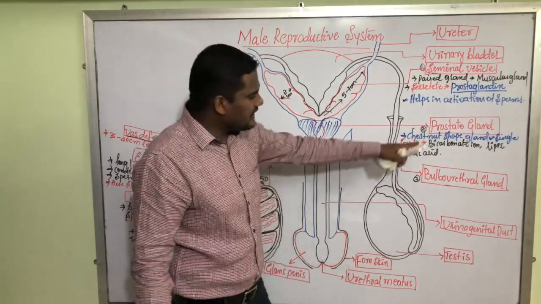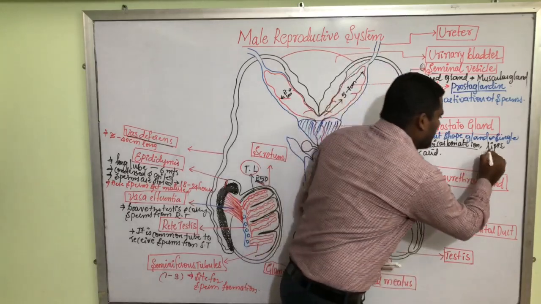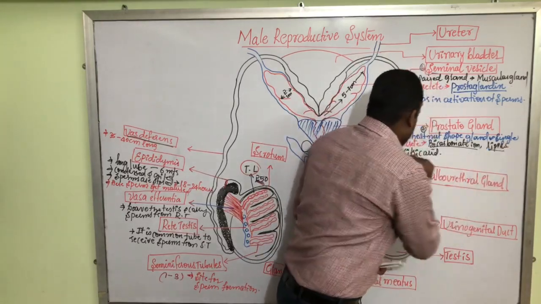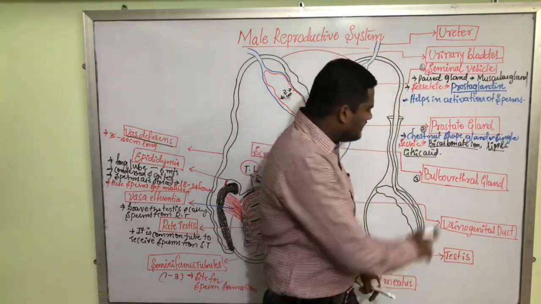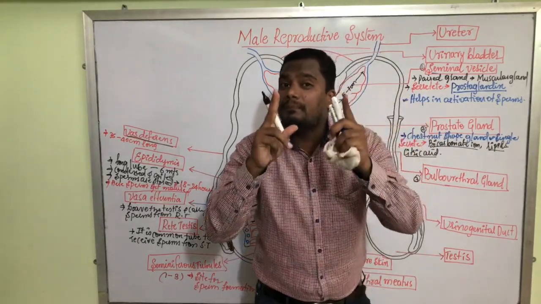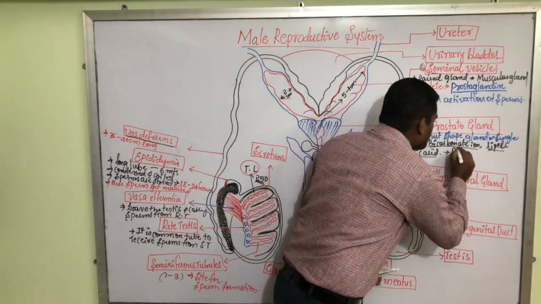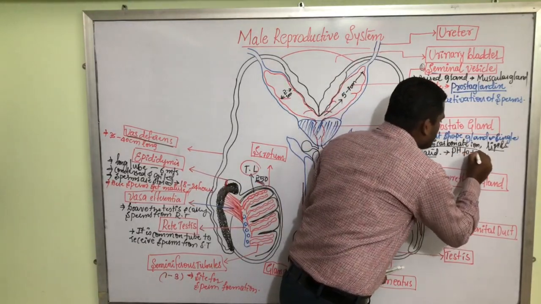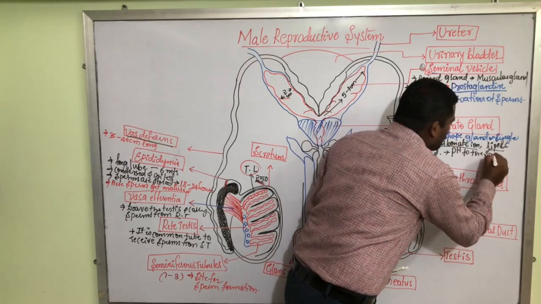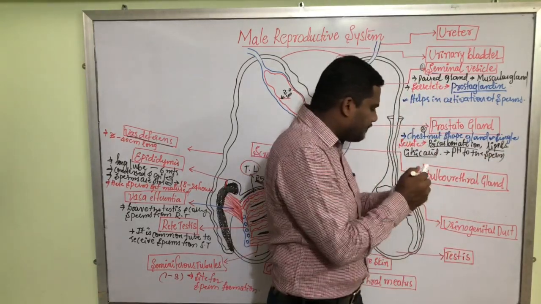Prostate gland secretes three things: bicarbonate ions, lipids, citric acid. These three things provide a proper pH to the sperm. Sperm को pH दे रहे हैं, proper pH दे रहे.